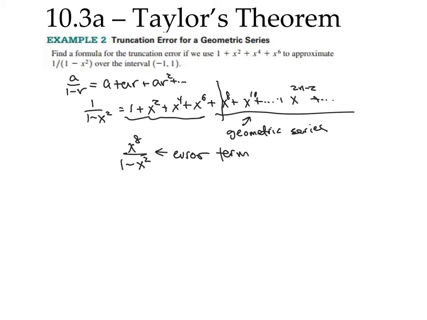squared. So for instance, if I used 1 over 1 minus x squared, I wanted to evaluate it with 1 plus x squared plus x to the fourth plus x to the sixth at point 1, let's do a little calculating. At point 1, the value of 1 over 1 minus x squared is 1 over 0.99, or 1.010101 forever.